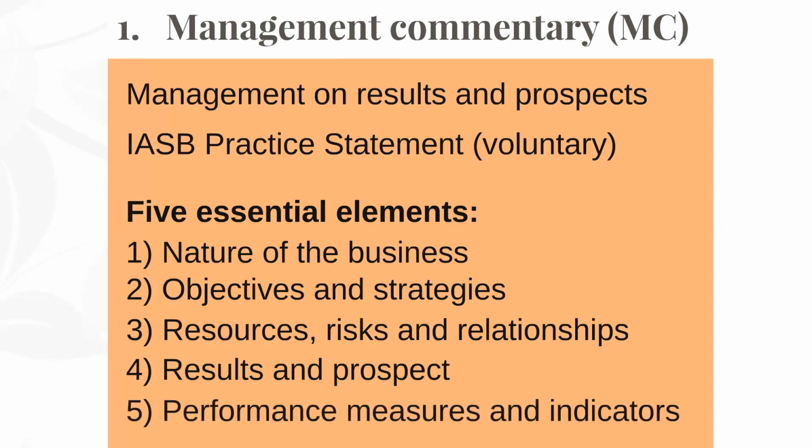And finally, we'd then like to see information about performance measurement metrics and indicators that the business employs. So here we're maybe looking at the type of key performance indicators that a business employs to meet its critical success factors as part of meeting its overall objectives as a business.